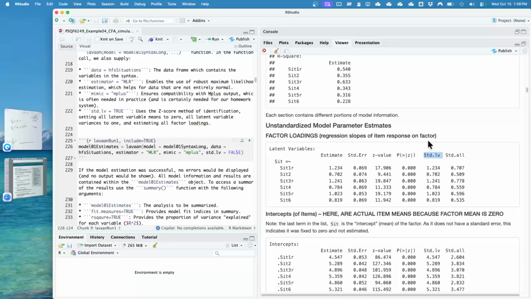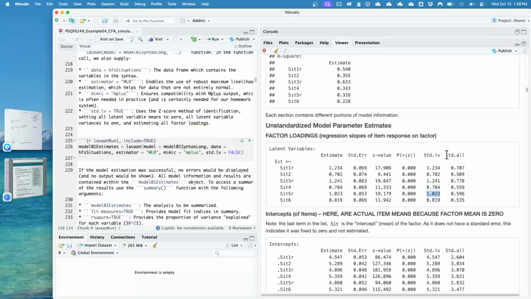If I run this model and put a marker item on number 6, those numbers change, but these are always the same. So with the marker item approach, you may pick a different item to be the marker, and that causes all the estimates to change for the other ones. Whereas std.lv doesn't use a marker, so regardless of the model that you use, they will always be the same.